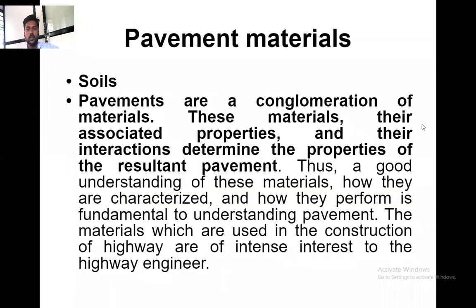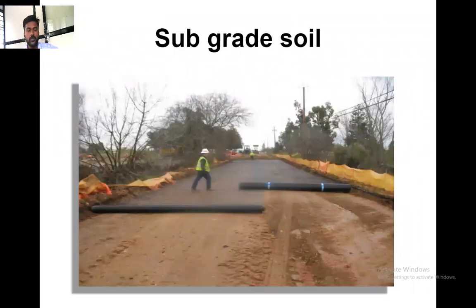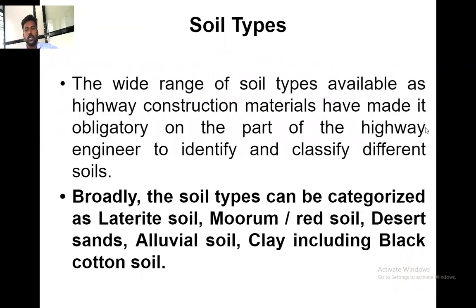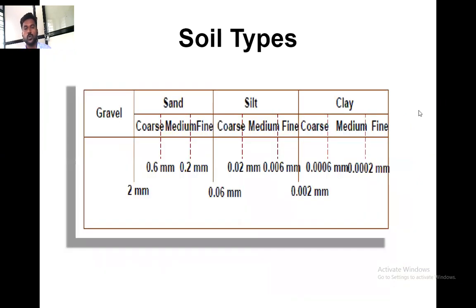We have seen the different layers, and we have seen the soil subgrade. And we have started with our first material, that is soil. You can see here the compacted subgrade. It should be compacted depending on the type of soil, because different kinds of compactors are available for different kinds of soils. Then the soil types that we have seen: when we can say clay soil, sandy soil, lean, murum.